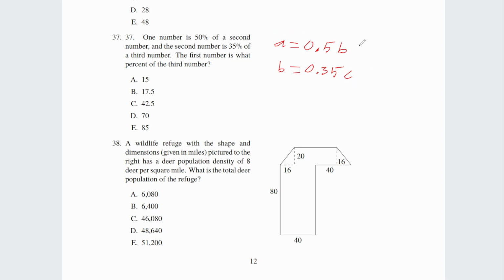So for 0.5B, let's just multiply 0.5 out and say 2A equals B. Then we can substitute this back in. I hope that I didn't move too fast. 2A equals B, we're multiplying by 2 to get the 0.5 out. We could also divide by 0.5, which would be the same thing. But let's substitute 2A in here.